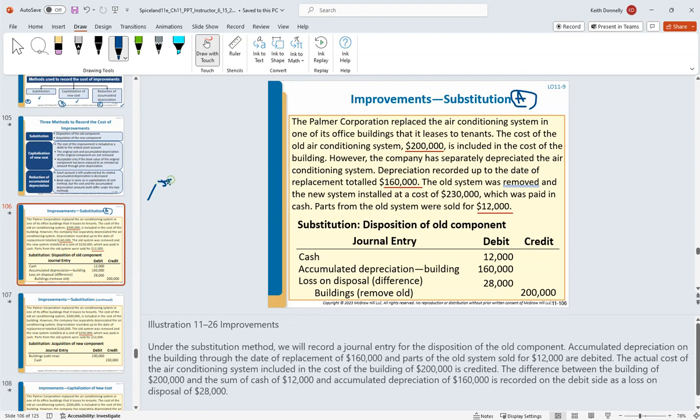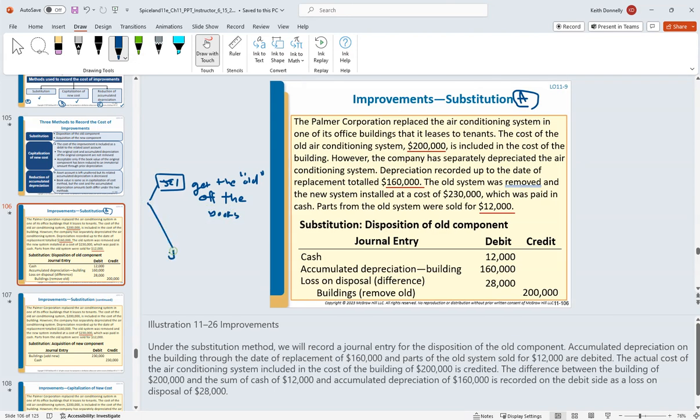Journal entry 1 is going to be to get the old off the books, and then journal entry 2 is going to be to put the new on the books. It's a substitution there.